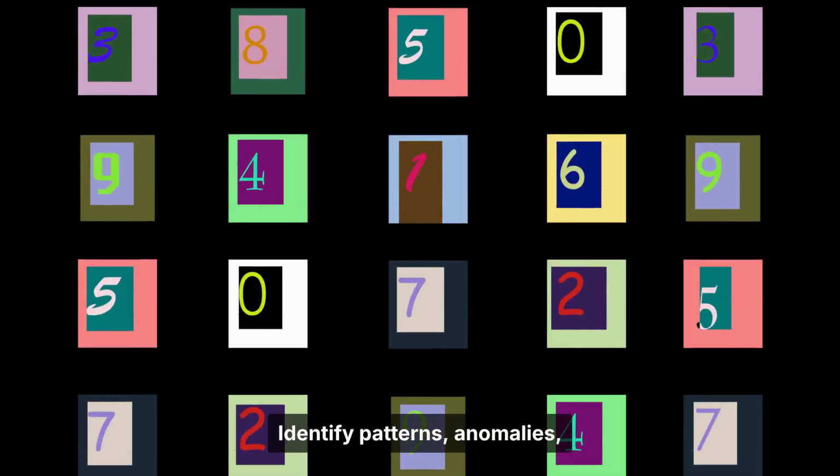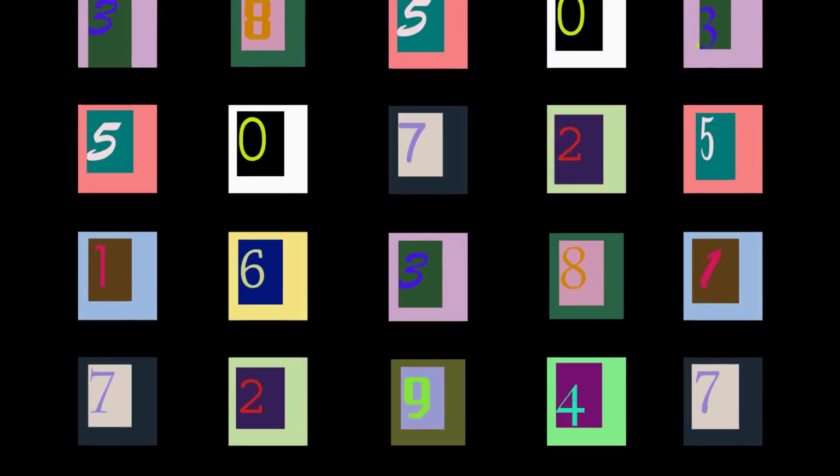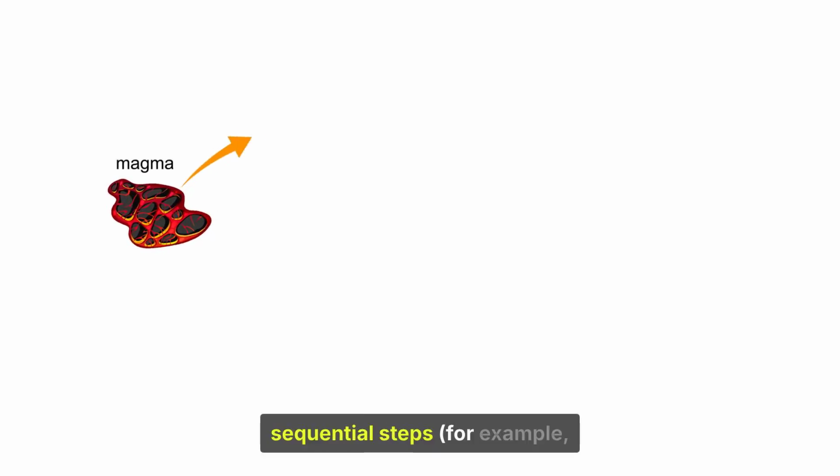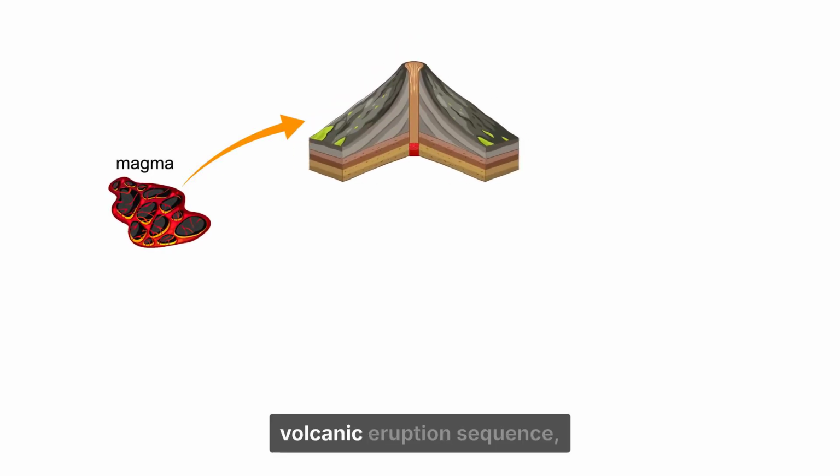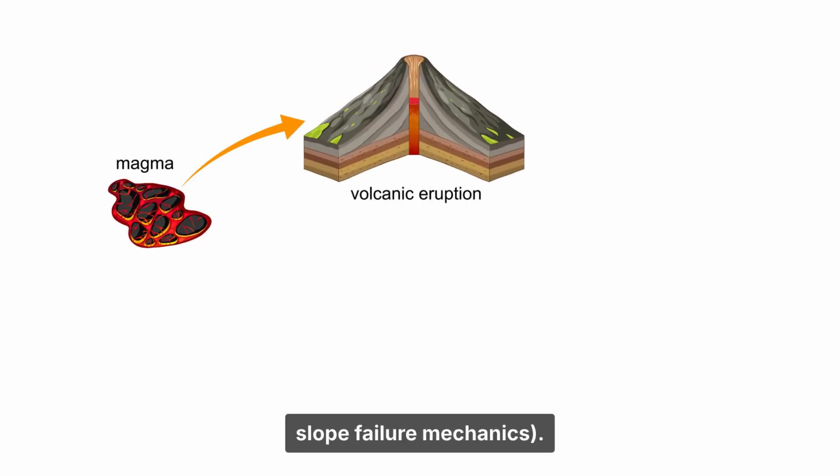Identify patterns, anomalies, and spatial relationships. For processes, give clear, sequential steps, for example volcanic eruption sequence, slope failure mechanics.